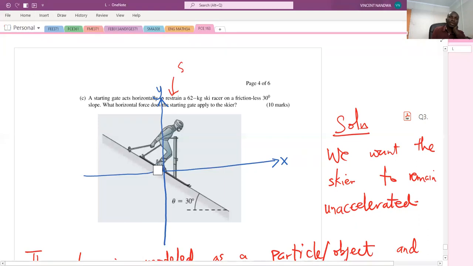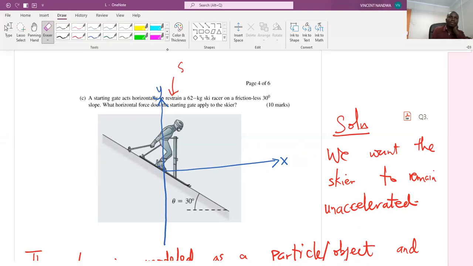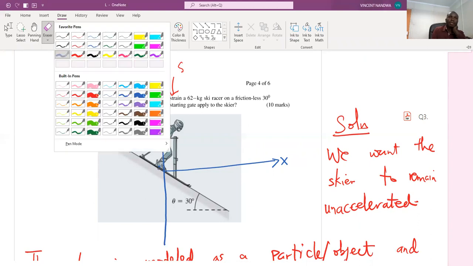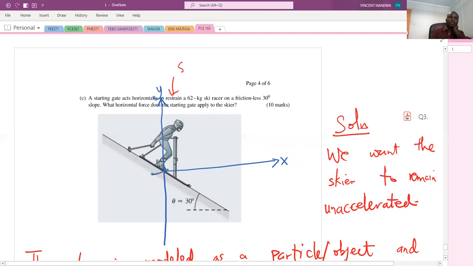The reason why we are not taking the slope to be our x-axis is because we are restraining this racer to be at the point where it's attached to the gate, and the horizontal force will be along the x-axis I'm drawing.